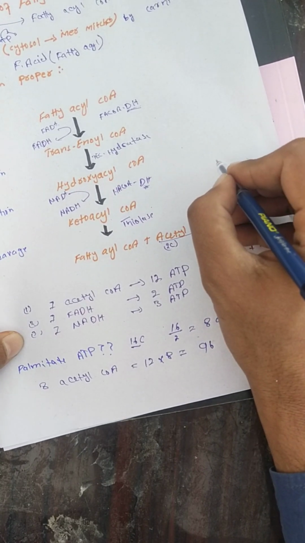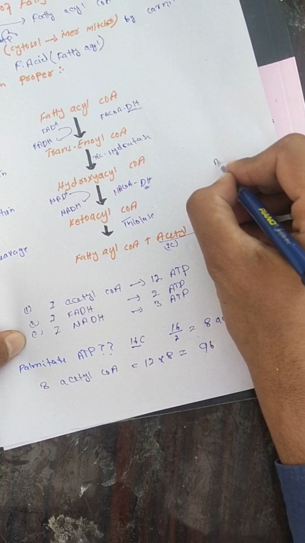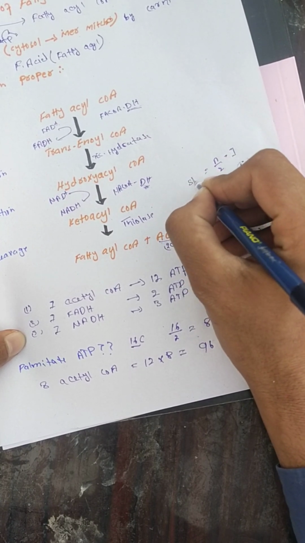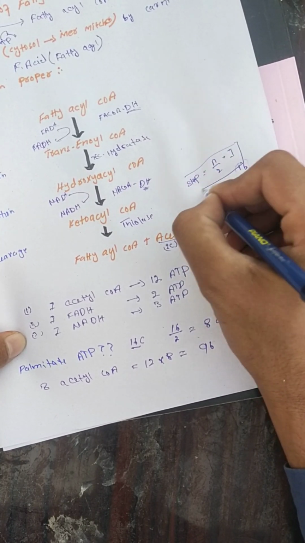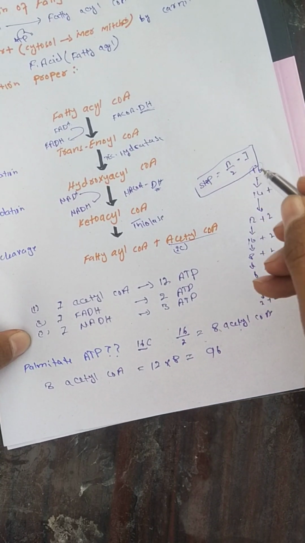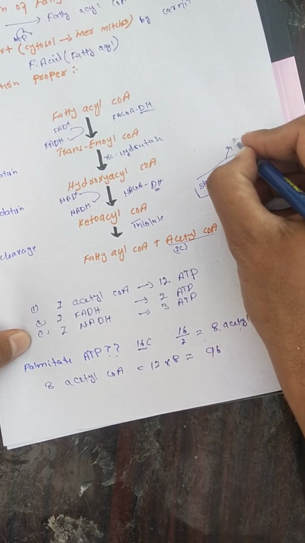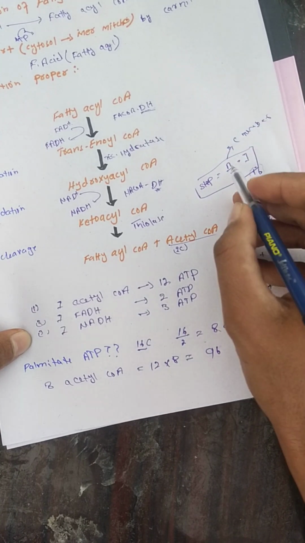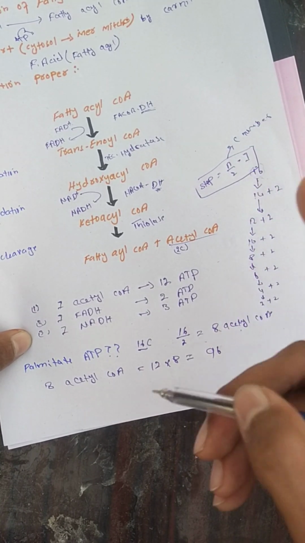If you want a formula, you can simply say n divided by 2 minus 1. This will give you how many steps are in the degradation of any fatty acid, where n is the carbon number. So with 16 carbon, 16 divided by 2 is 8, minus 1 is 7 steps.